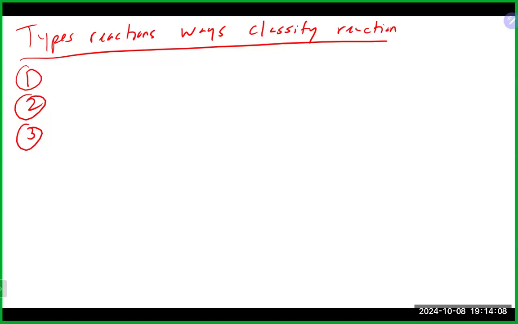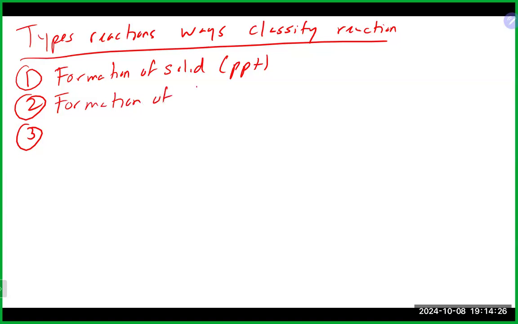The first reason why a reaction takes place is the formation of a solid, or what is sometimes referred to as a precipitate, PPT. The second reason why a reaction takes place is the formation of water. So you make water, which obviously is our H2O. And really the third reason why a reaction takes place is a transfer of electrons.